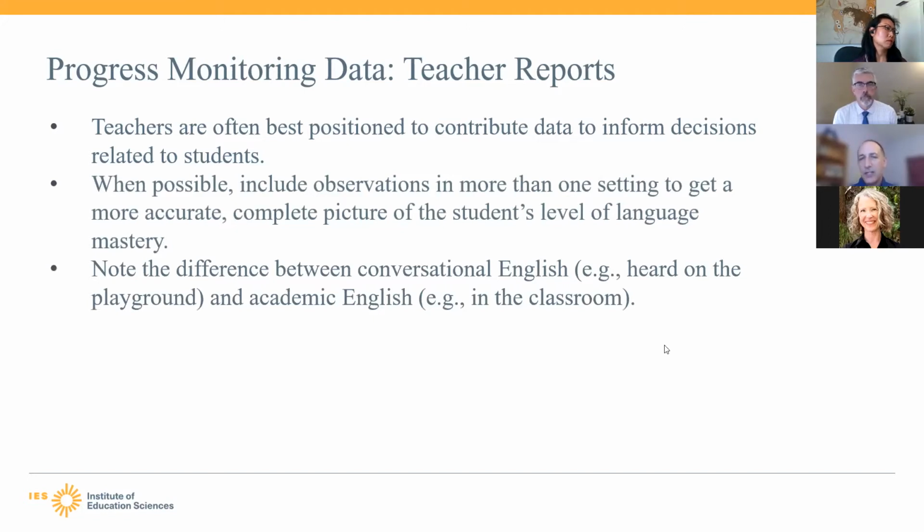And again, teachers can often identify the difference between a student's conversational English and academic English. So how a student is talking on the playground, for example, versus with the more academic terms in the classroom. Next slide.